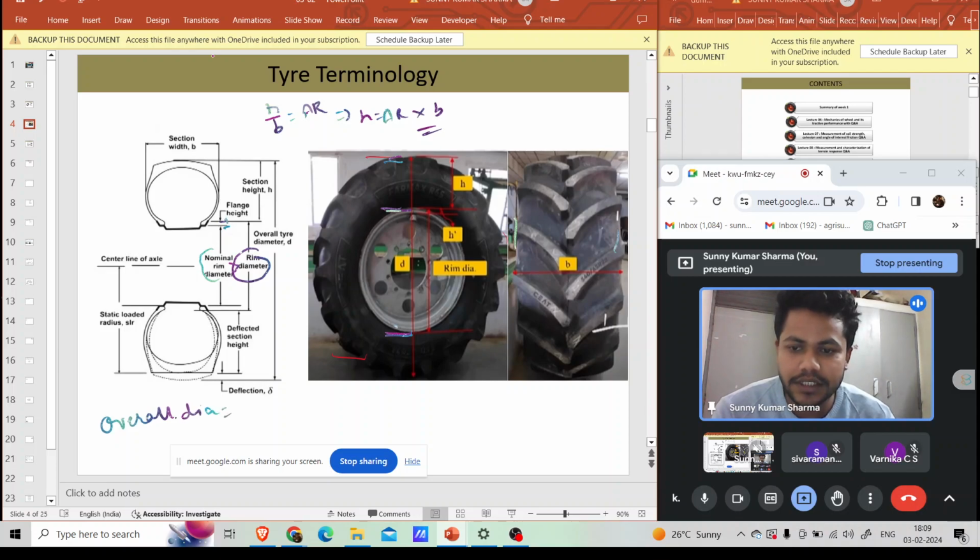We have the nominal rim diameter given in the question; suppose we denote it with R. You multiply this R by 1.067 to get the rim diameter, and then add 2 into section height. Since the section height is not given, you do 2 into aspect ratio into section width, which is given on the tire. This is the basic fundamental you always have to apply to find the overall diameter of any tire.